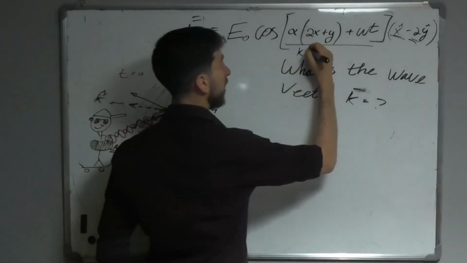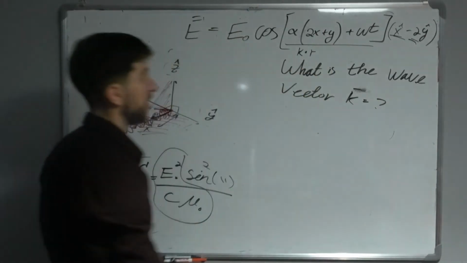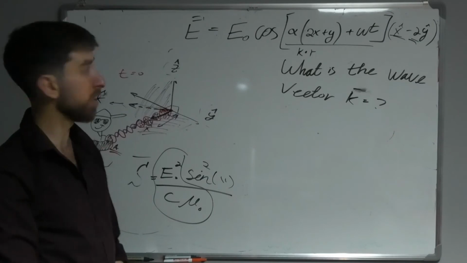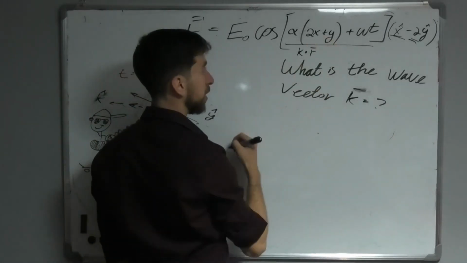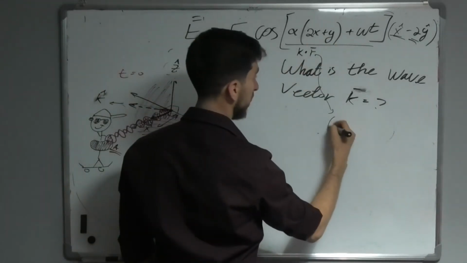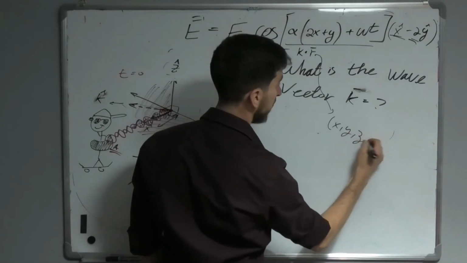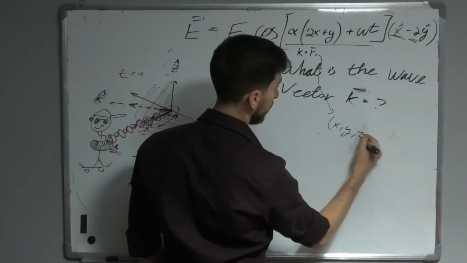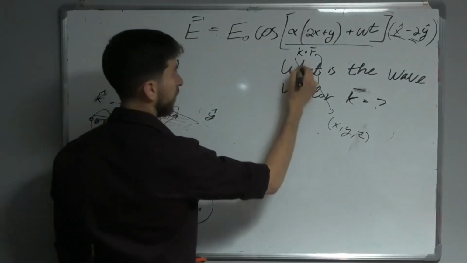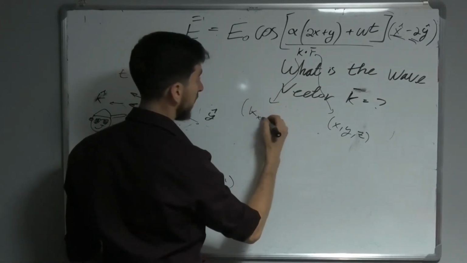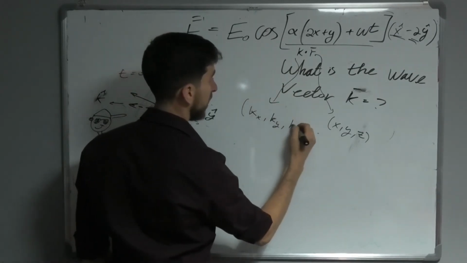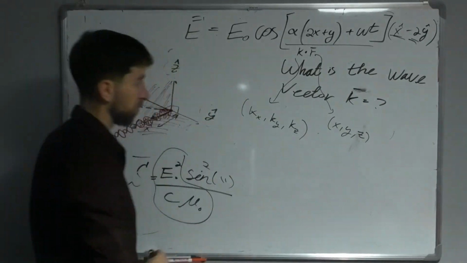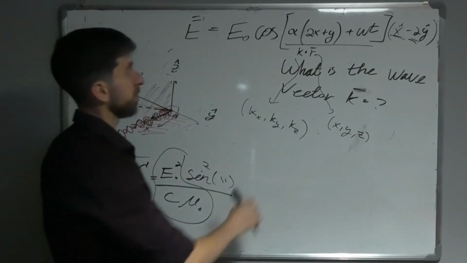It's k dot r, where r is a vector, where I am in space, x, y, and z, and k is actually a vector, kx, ky, kz.